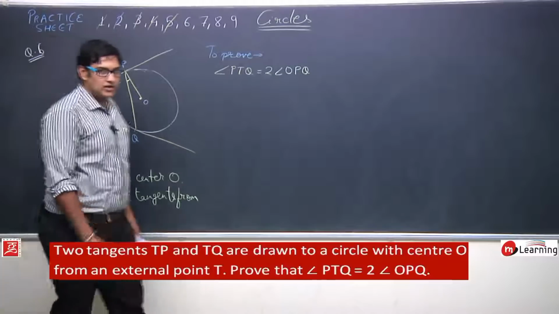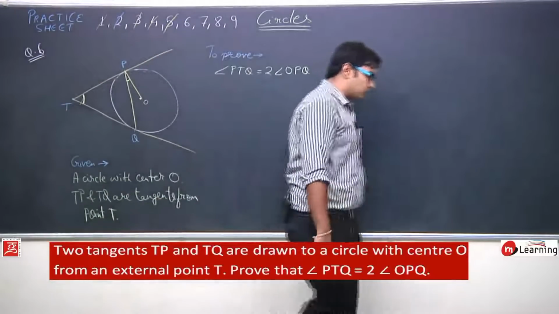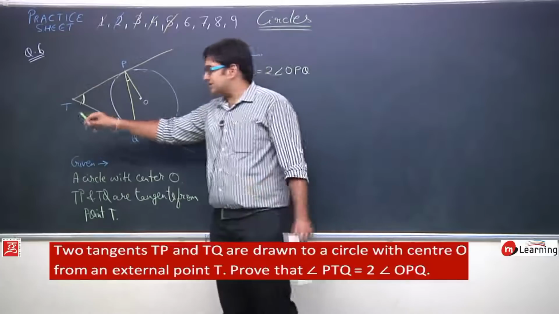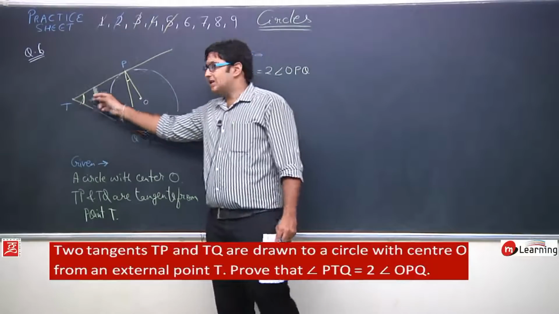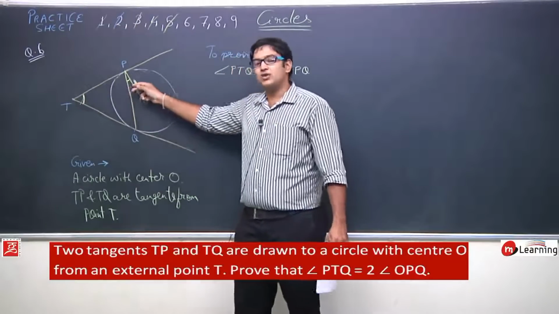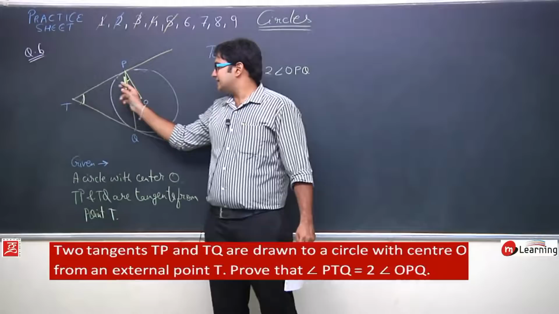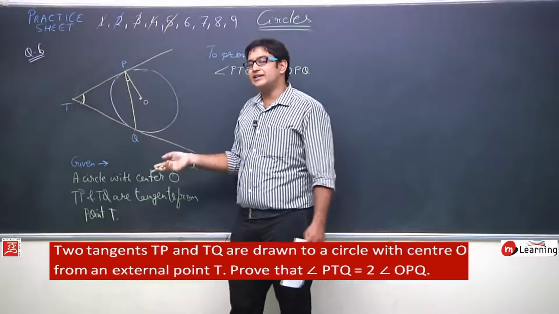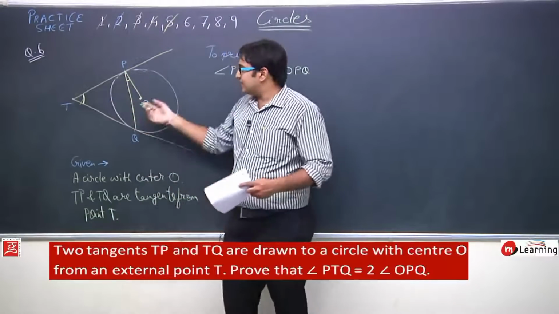Now try to think how to prove this, how to determine a relation between this angle and this angle. How are these two angles related to each other? Let us think.